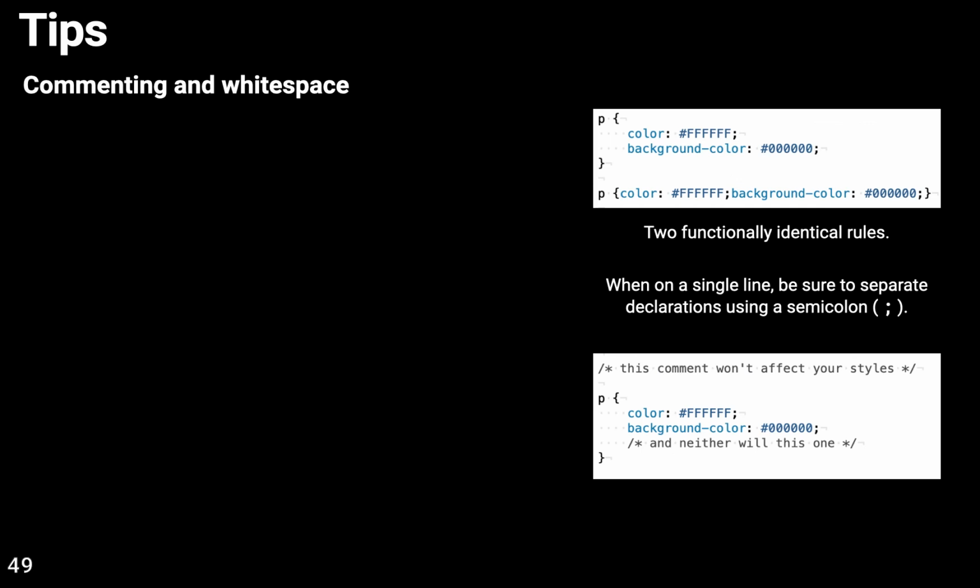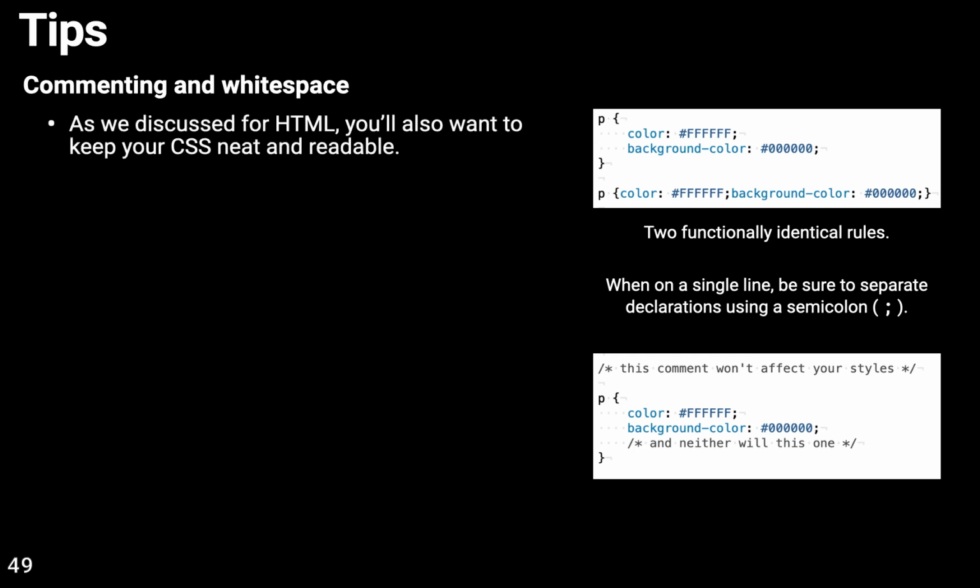So let's get to some tips. Just some thoughts while you move through doing this kind of writing for CSS. As before, I want to talk about commenting and whitespace. You want to keep track of your CSS in a way that is neat and readable, right? So what's CSS's deal with whitespace? CSS also doesn't really care about whitespace, just like HTML doesn't.